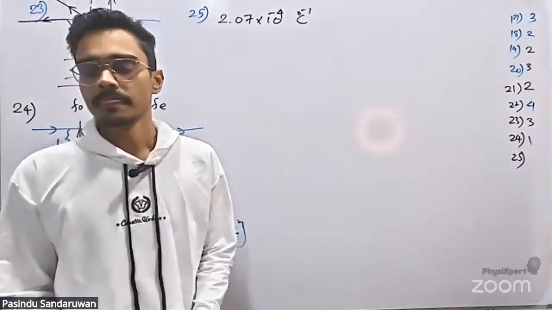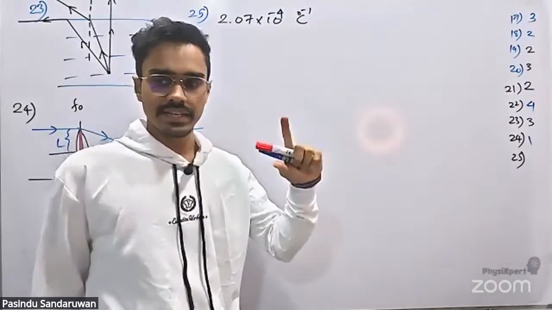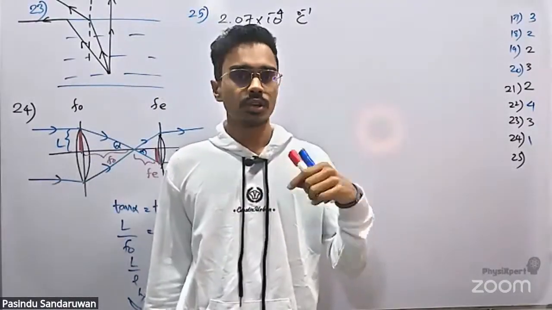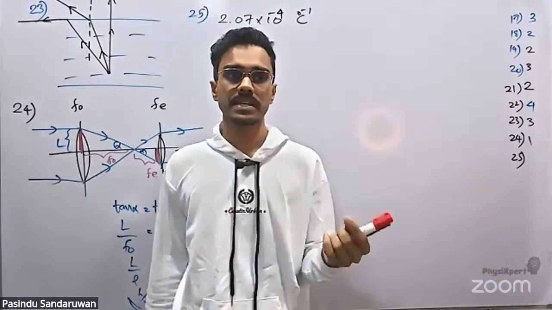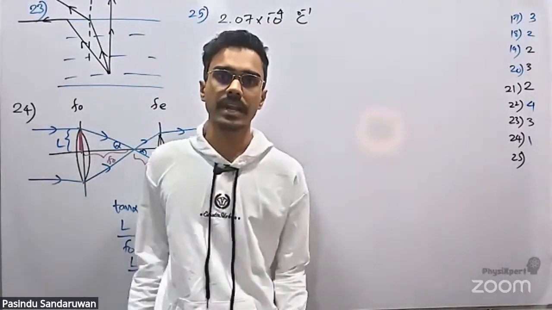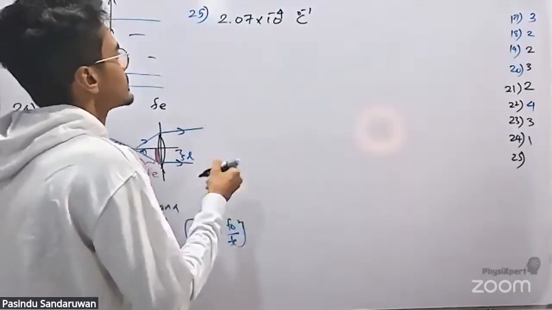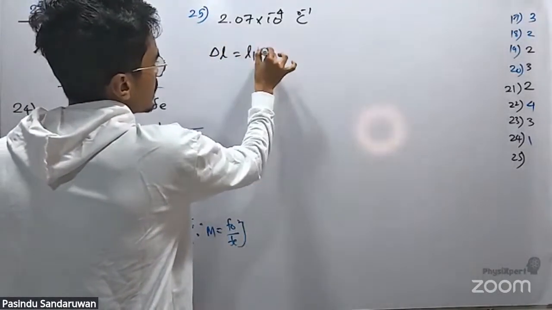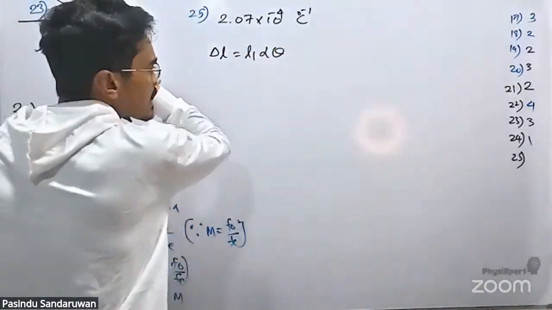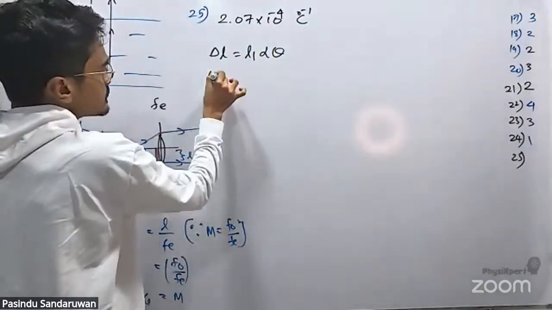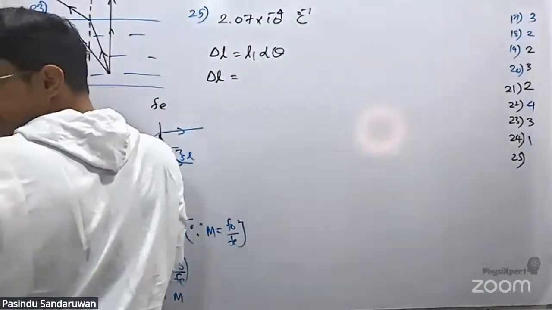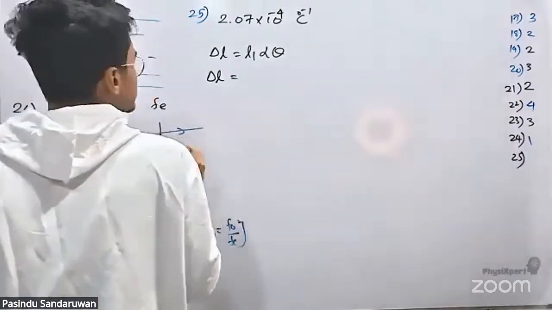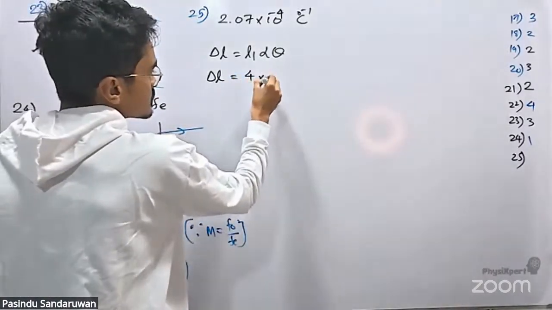Okay. If only a height is asked, don't use volume expansivity, use linear expansivity, because height is a linear parameter. So we know delta L equals L1 alpha theta. L1 is the original value, the original depth, 4 times 10 to the power 3.